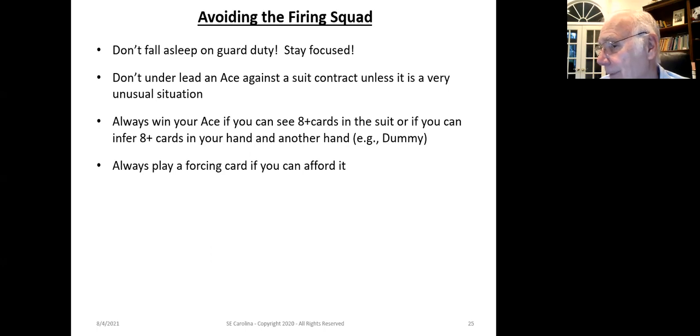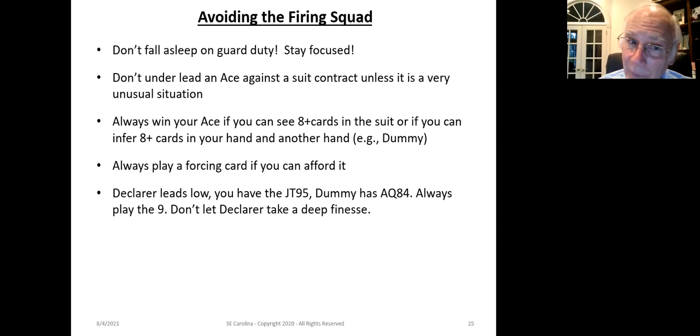Play the Jack or the 10, force that Queen. I've got this bad habit. I'll play low. And then the declarer, for whatever reason, plays the 8, a low level finesse, and wins the trick, and they get an extra trick. Don't do what I did and play low. Play the forcing card. Don't leave the door open for him to take that low level finesse.